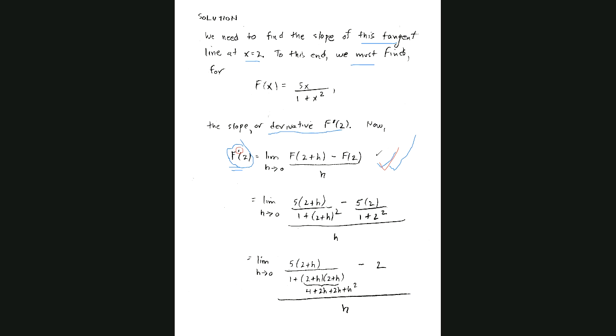And this is one reason that you learned a lot about taking limits, because a derivative is a limit. So what we have to do now is compute the limit. We know f of 2, we would just substitute in 2 for x. For f of 2 plus h, we have to substitute in 2 plus h for x. Okay, and so the limit then becomes this.